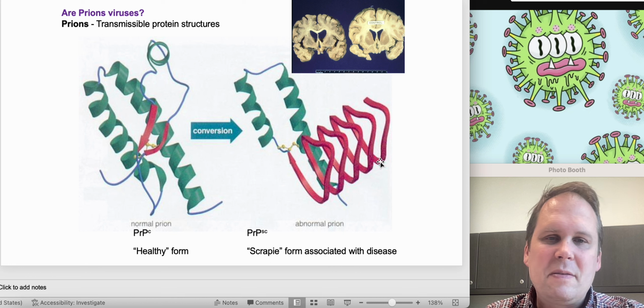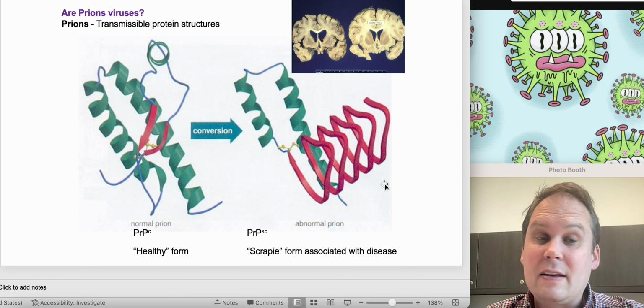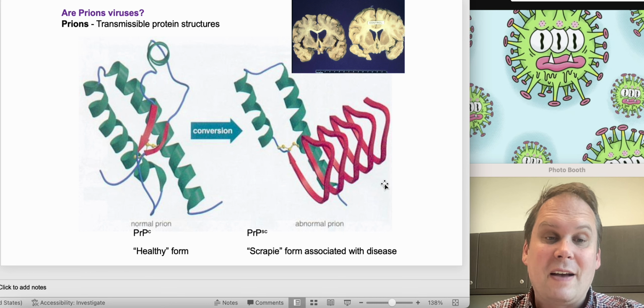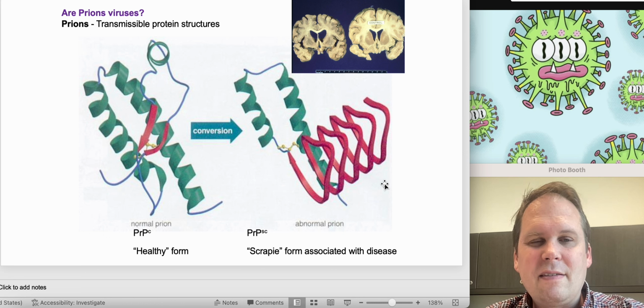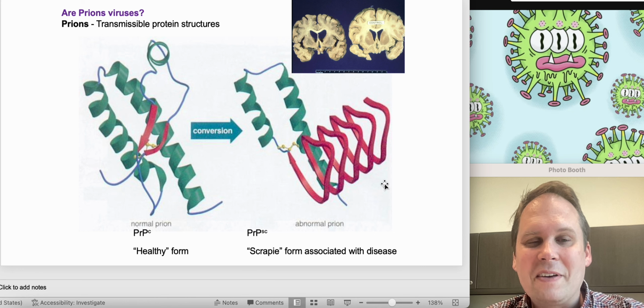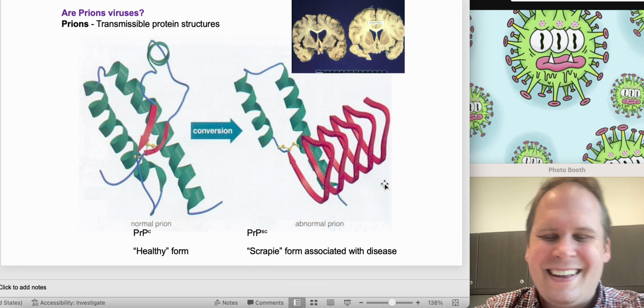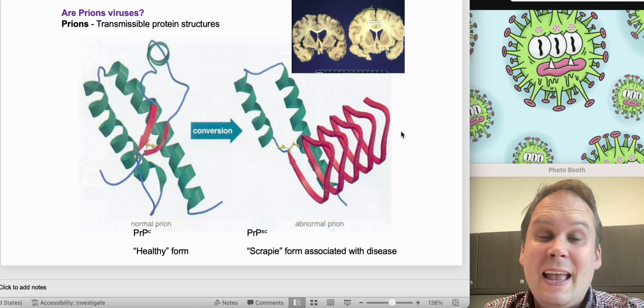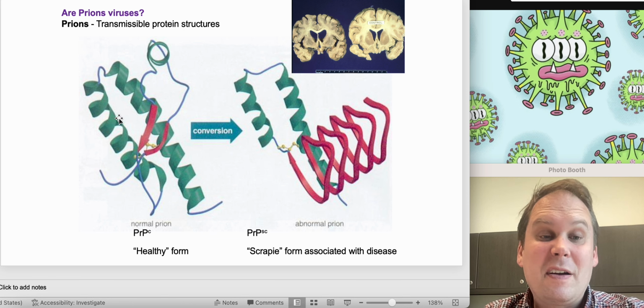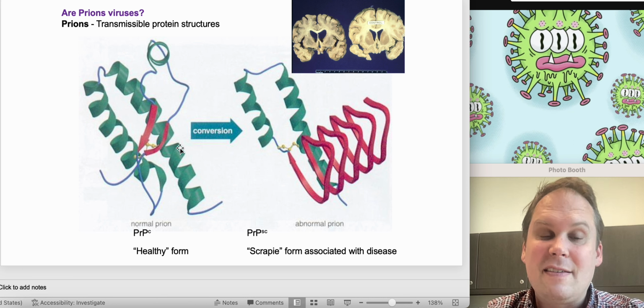They are transmissible. They are highly weird. They are not classified even as pretend viruses because they are just proteins, and the protein's already inside you. It's just that your protein has not yet found its way into this shape. And this shape is one that will convert other proteins like a catalyst into the same shape.